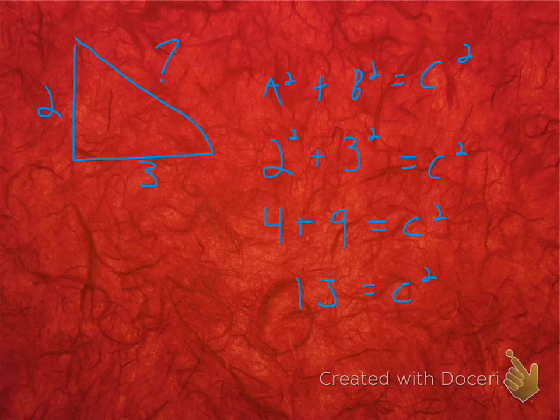Square root. That's almost the definition. So what you would say is C is equal to the square root of 13. If we wanted to figure out exactly what number that is, we learned that yesterday. But right now, I'm fine with this being your answer.